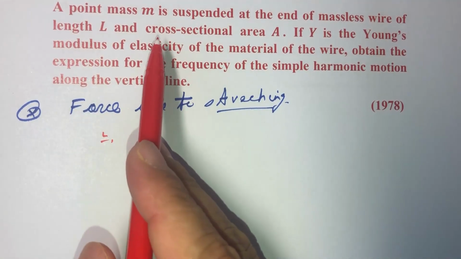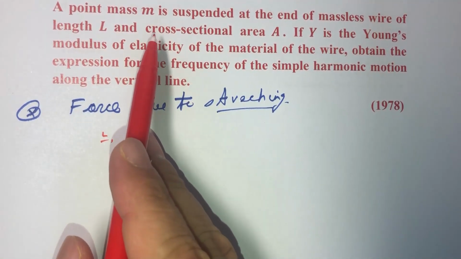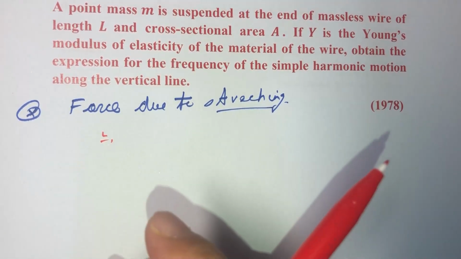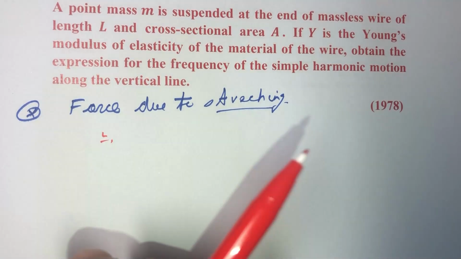In the question itself, it's given that the mass M is suspended from one end of the wire. Because of this mass, the wire gets a little bit elongated.